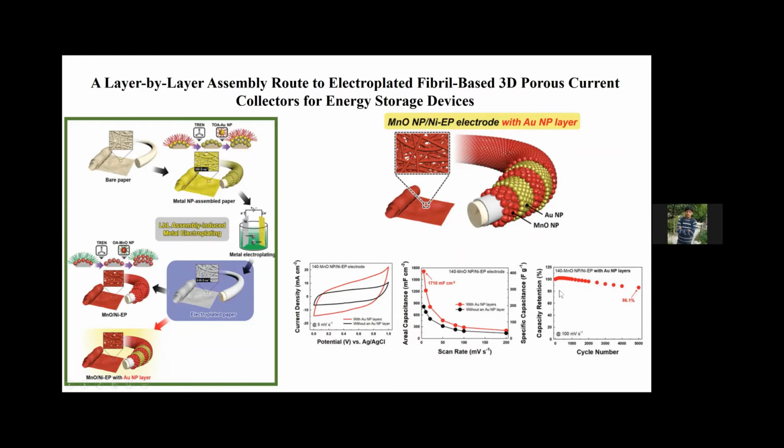After 5,000 cycles, this material can sustain up to 86% of its capacitance retention, and it also shows a very good areal capacitance of around 1,700. In a normal capacitor, this capacitance can never be achieved.